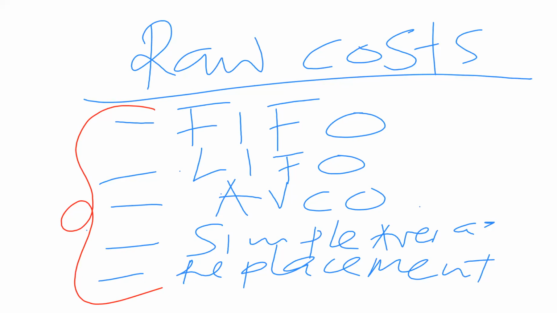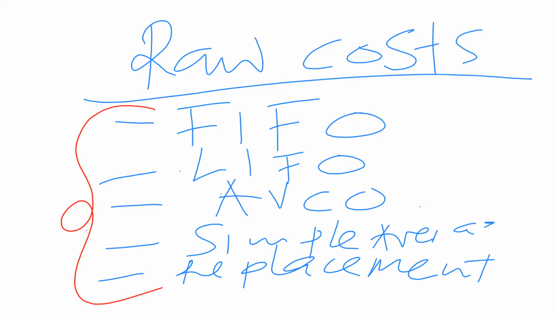Remember, when you get the raw materials or the inventories, they have to be sent to production. You produce and then you sell them. So moving them from the inventories to produce them and sell them, there are different methods that we use.